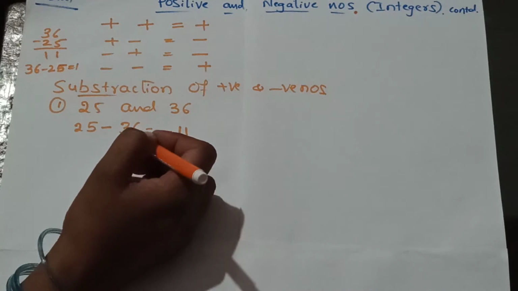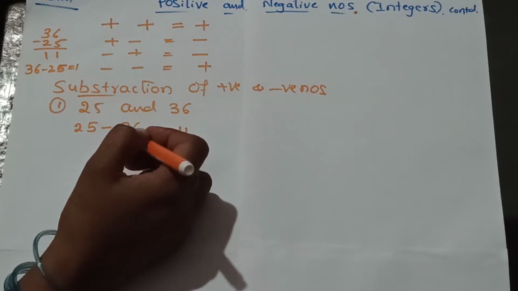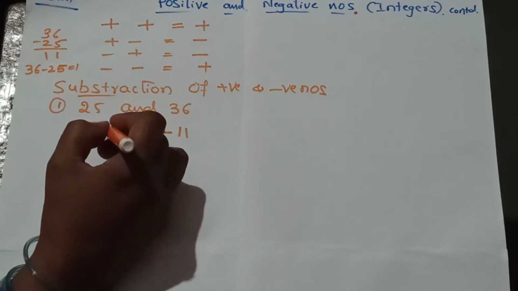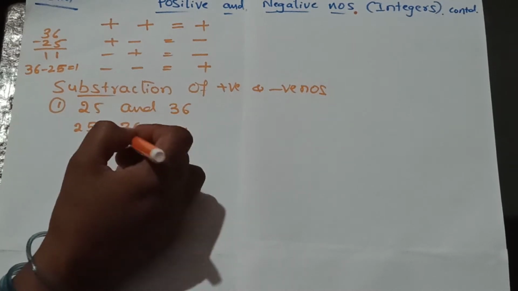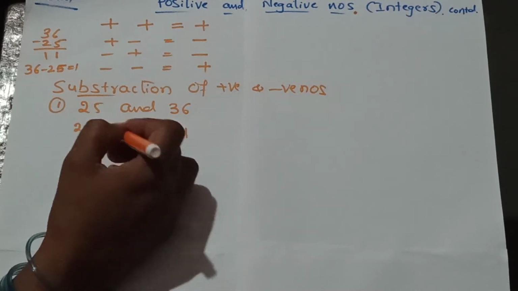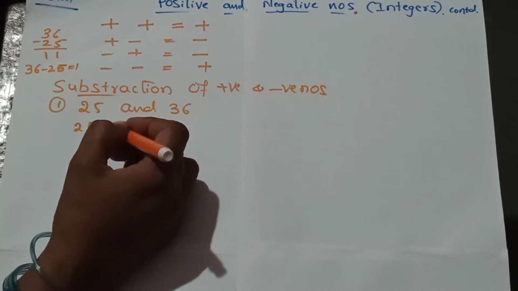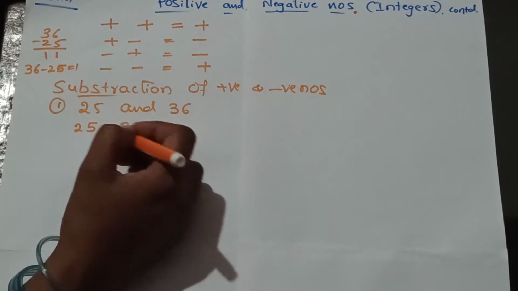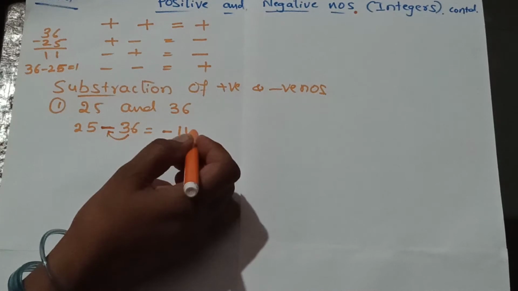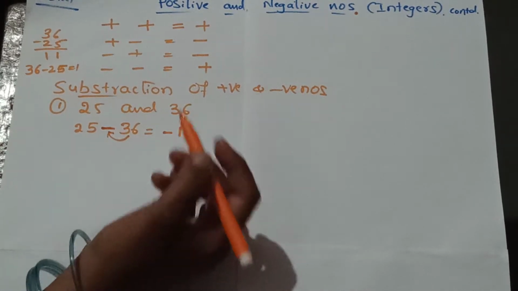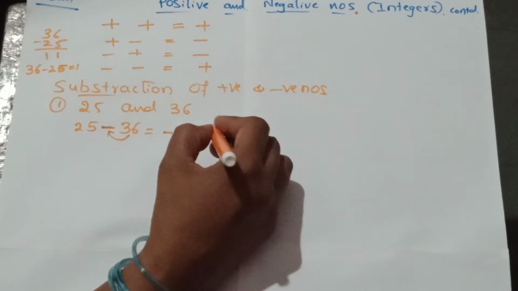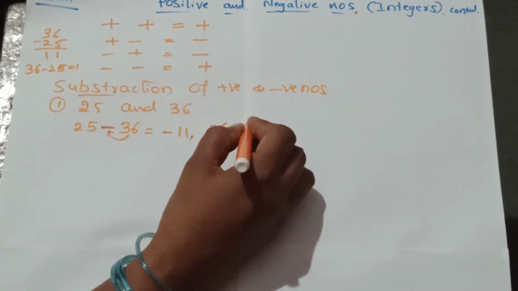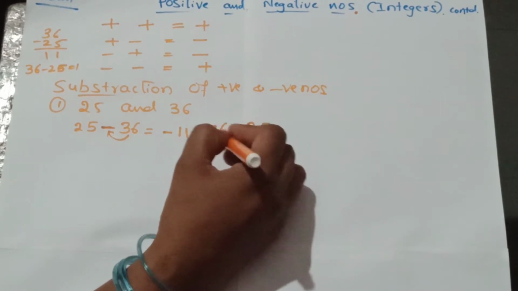As in the previous session I explained, we consider the sign of the bigger number, and here the sign of the bigger number is negative. We are doing the subtraction and keeping the sign of the bigger number, that is 25 minus 36 is equal to minus 11. And 36 minus 25 is also a subtraction.